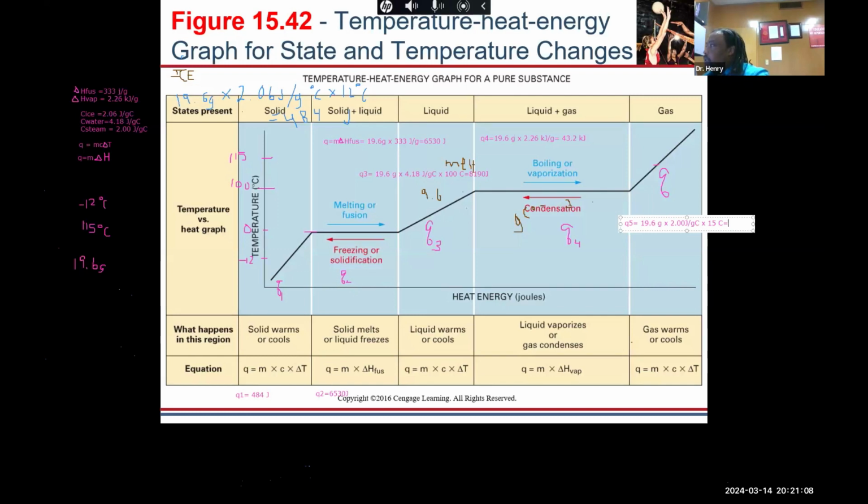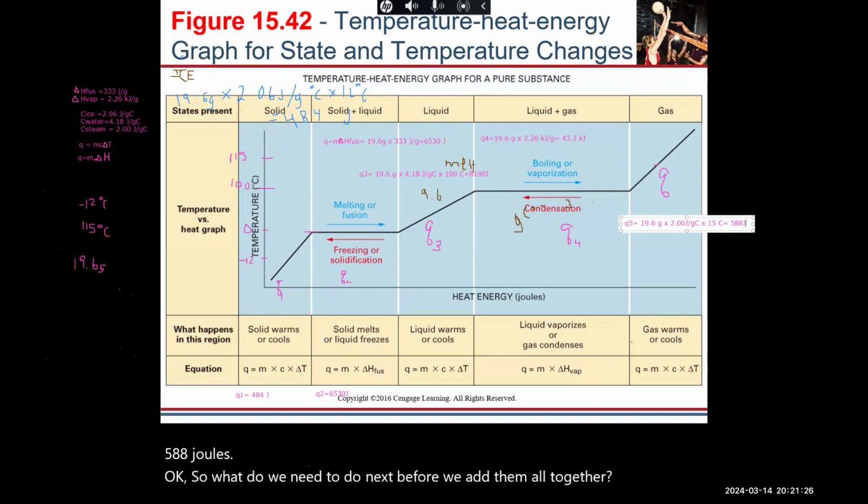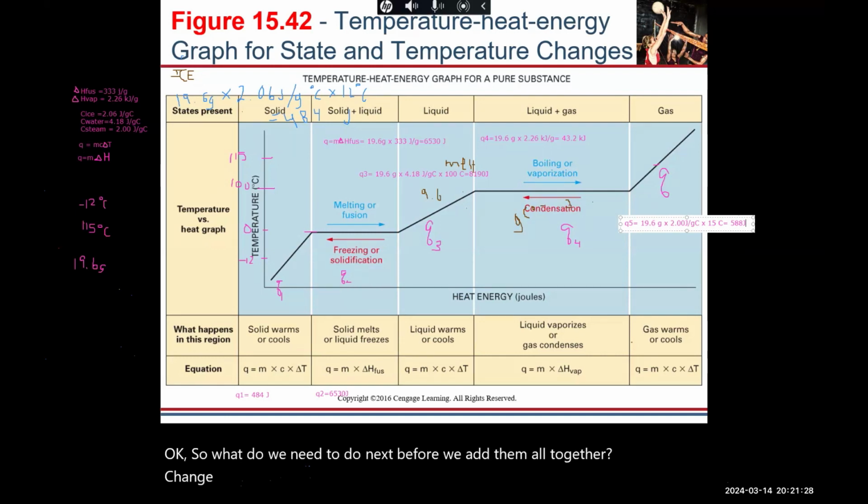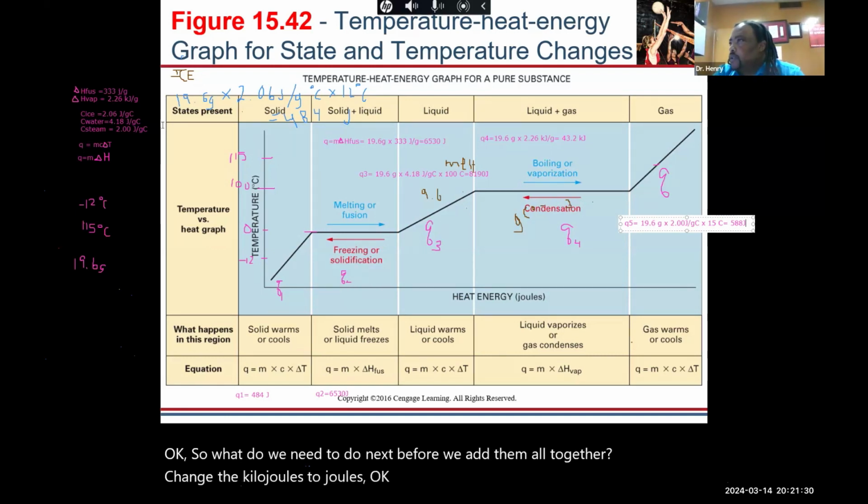And so I get 588 joules. Okay. So what do we need to do next before we add them all together? Change the kilojoules to joules. So we need to change the kilojoules to joules.